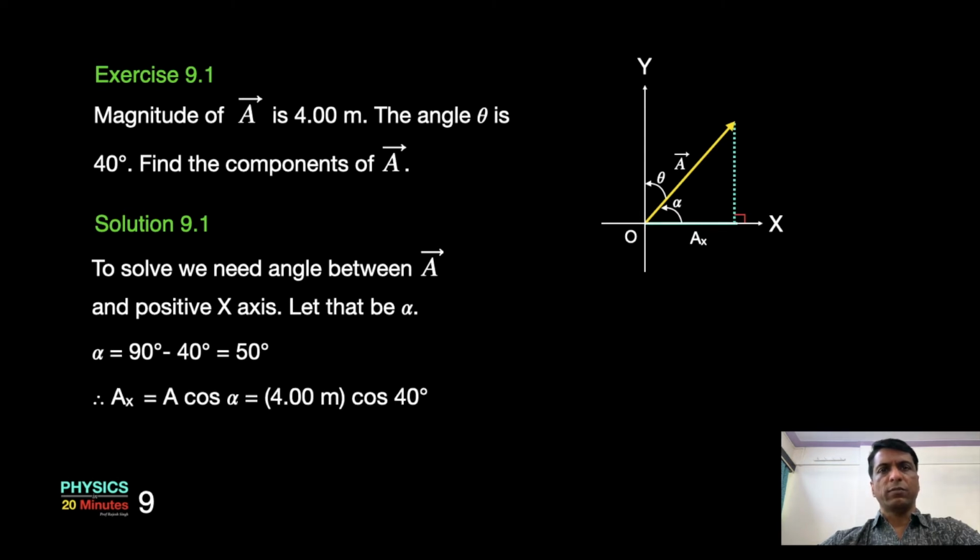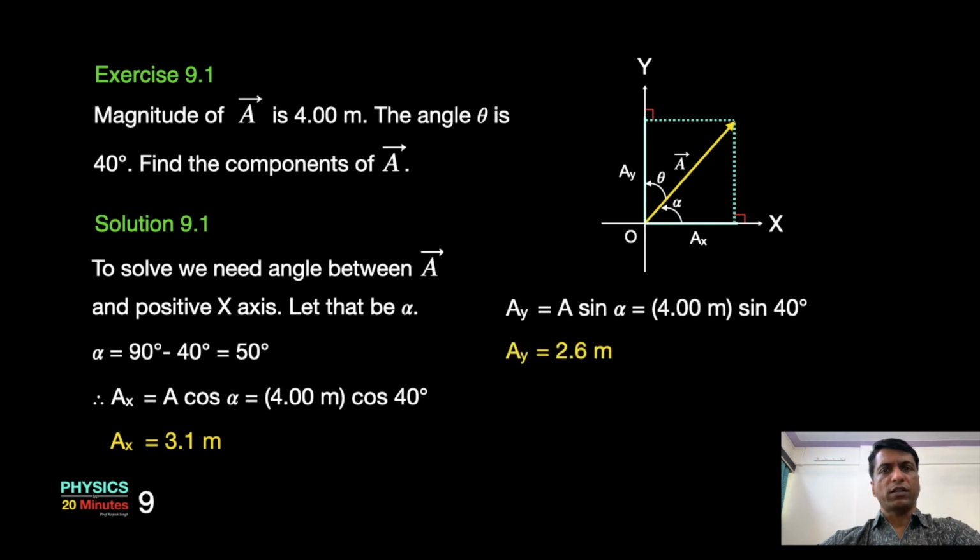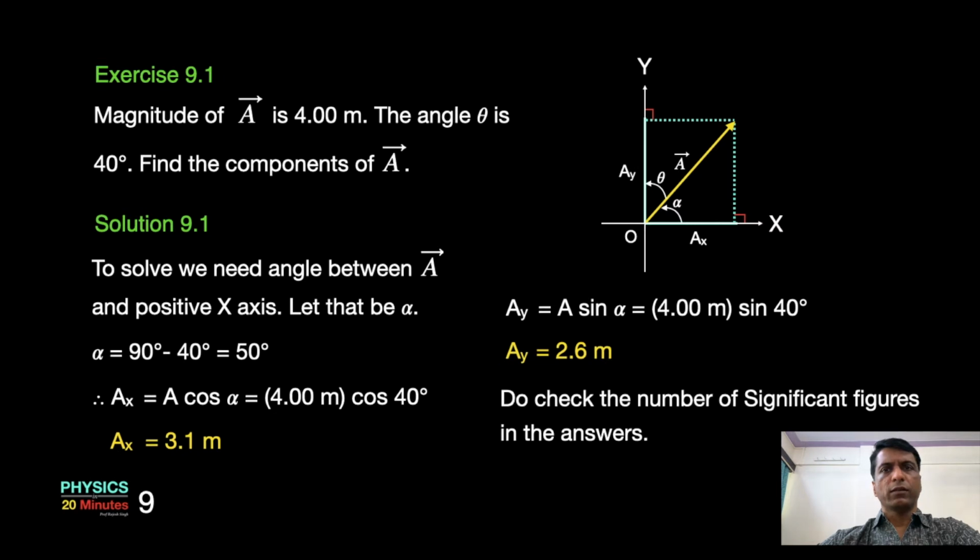So Ax will be A cos alpha, which will turn out to be 3.1 meters. Similarly, from the tip of vector A, I can draw a perpendicular to the y-axis, and the y component can be written as Ay. Ay is A sin alpha, which is 4 sin 40, which after solving will give you 2.6 meters. Do check the significant figures in the solution.